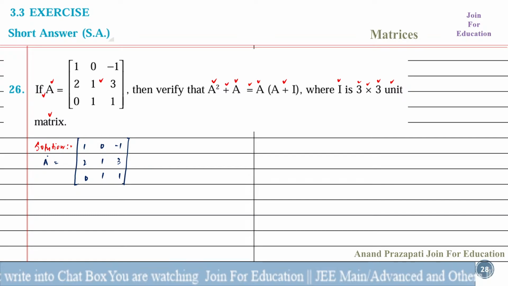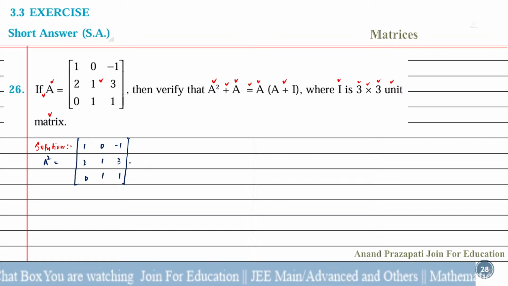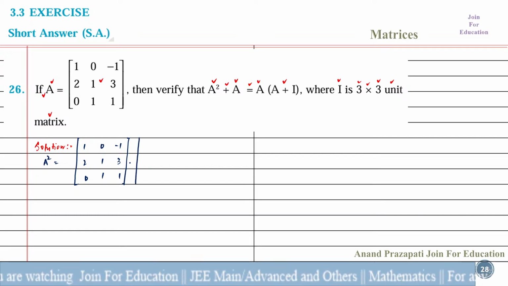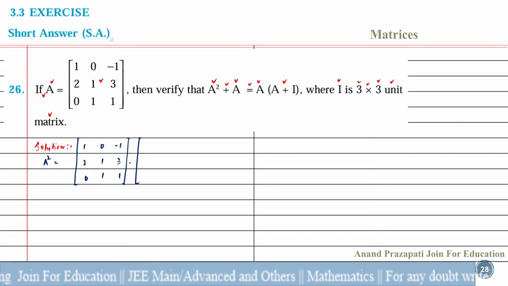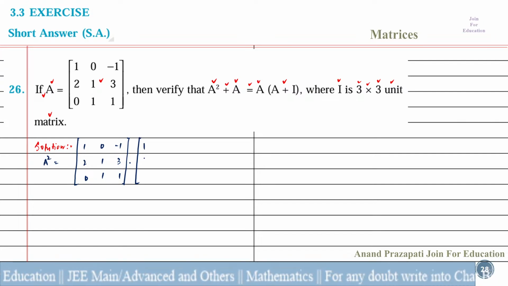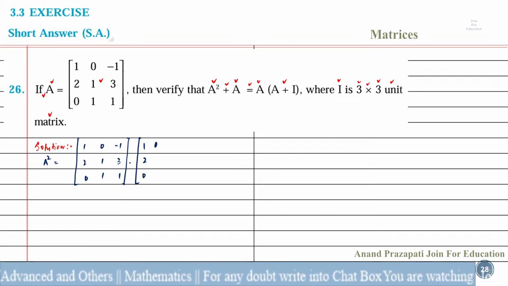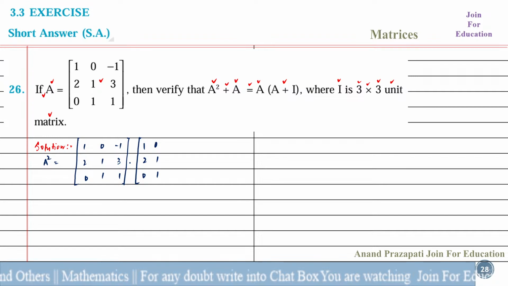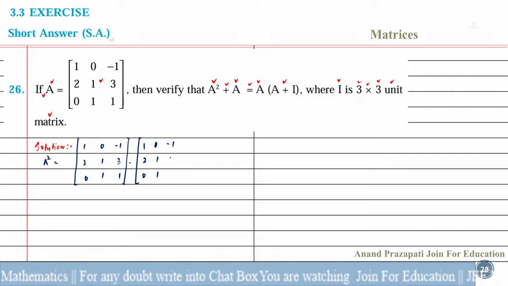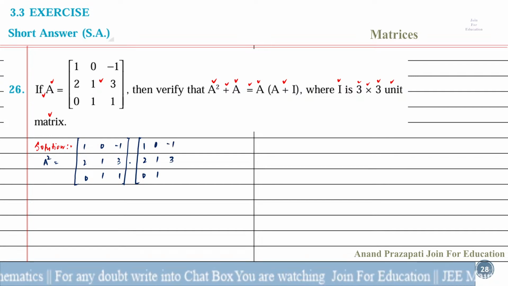Therefore, A square equal to matrix A into matrix A: 1, 2, 0, 0, 1, 1, minus 1, 3, and 1.